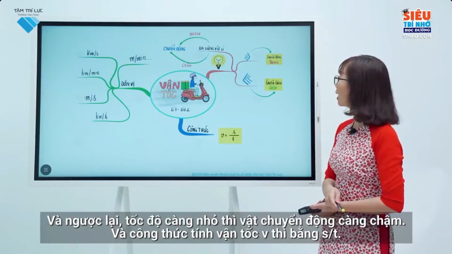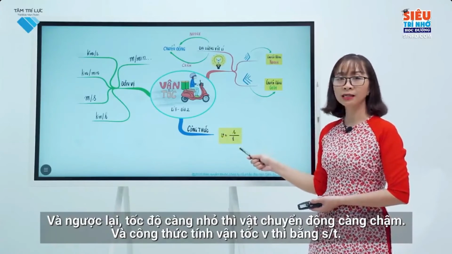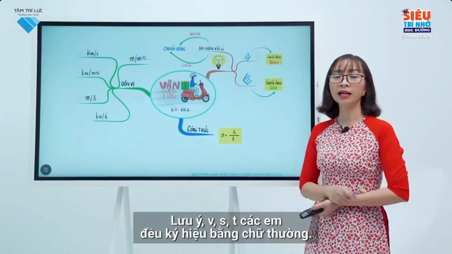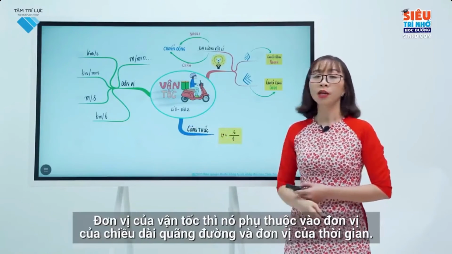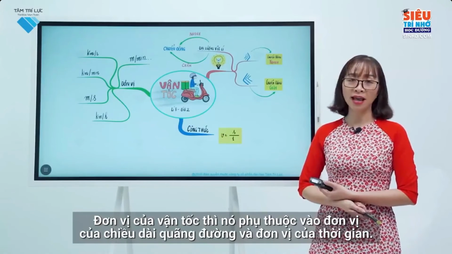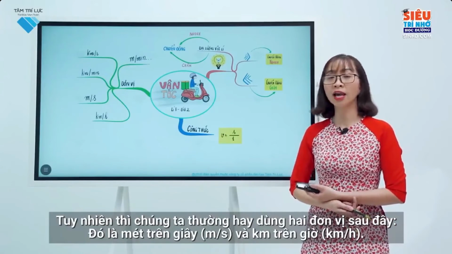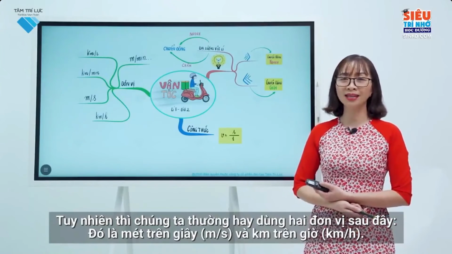The lower the speed, the slower the object moves. And the formula to calculate the speed, v equals s over t. Notice please, v, s, t are all denoted by lowercase letters. The unit of the velocity depends on the unit of the distance and the unit of the time. However, we often use the following two units, that is, meters per second and kilometers per hour.